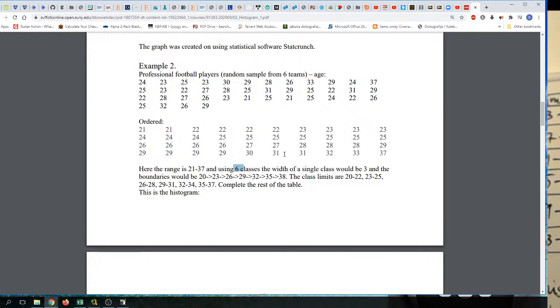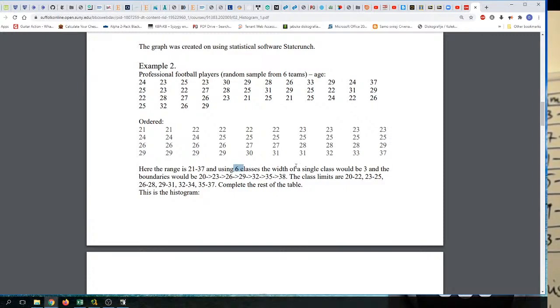So I know I'm not going to have a big distinction between the ages here. I don't want a class in which I only have one age and then another class, and so on. The ages of the players range from 21 to 37, that's just 16. So I decided to use 6 classes, not too many.